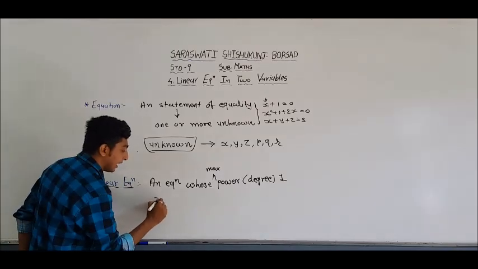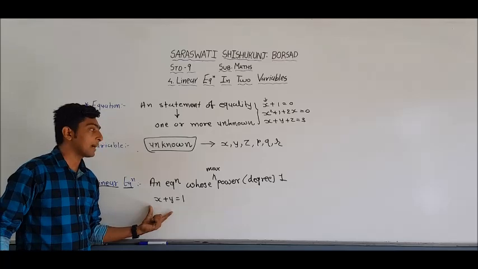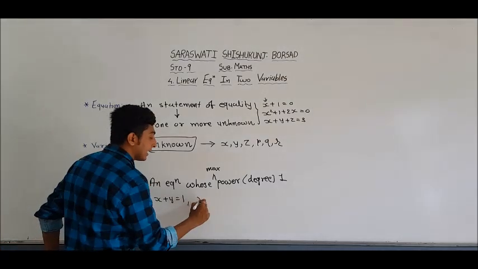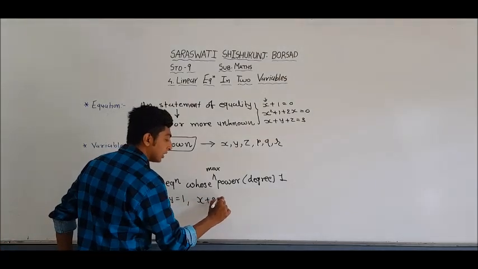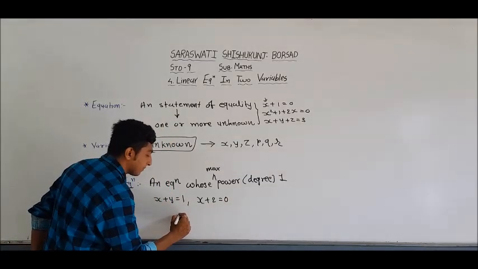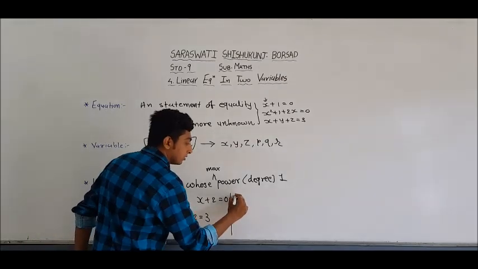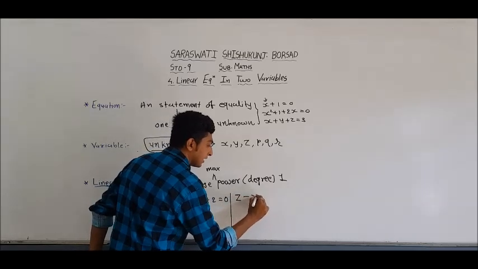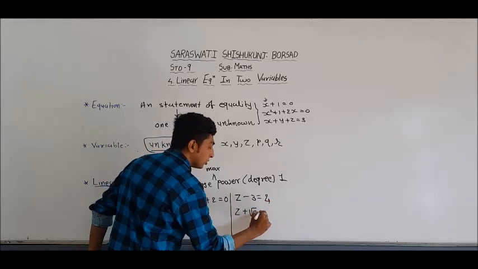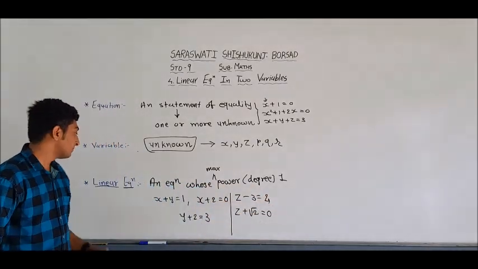So we can say that x plus y equal to 1 is a linear equation because the maximum power of the equation is 1. x plus 2 equal to 0 is also a linear equation. Also y plus 2 equal to 3, z minus 3 equal to 4, and z plus root 2 equal to 0.